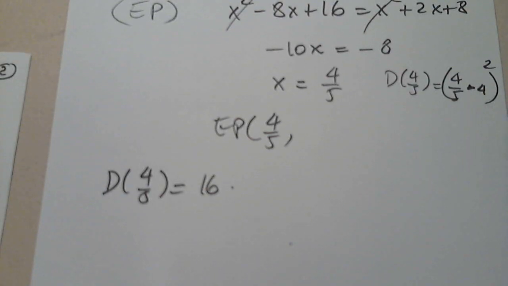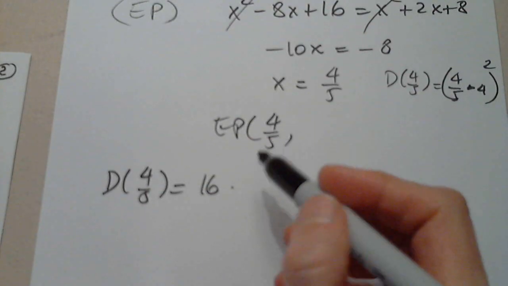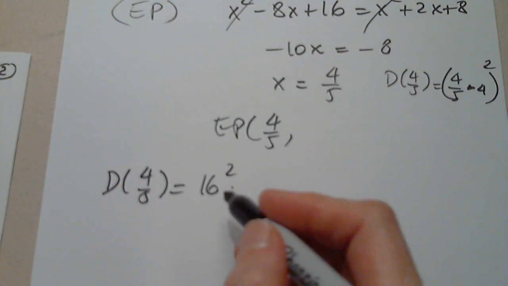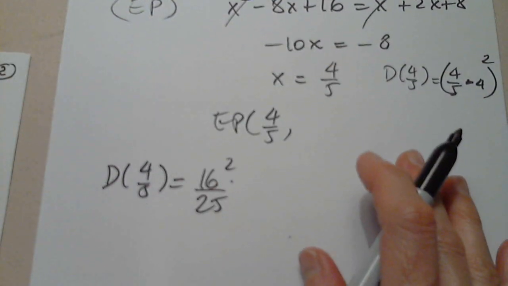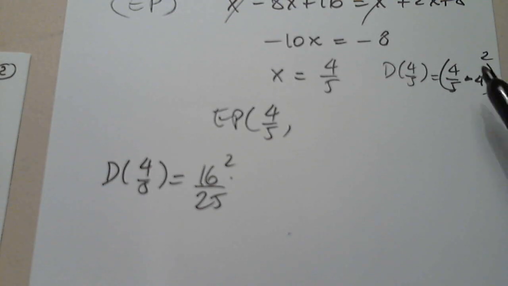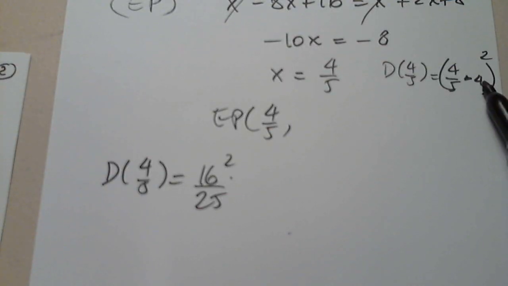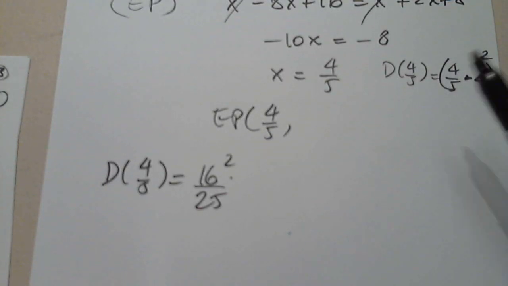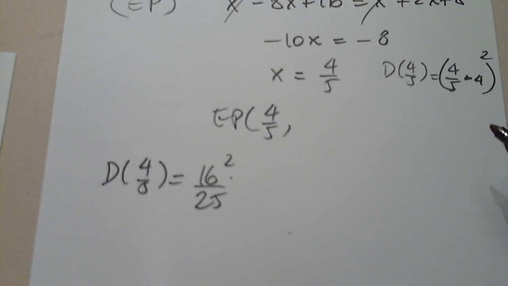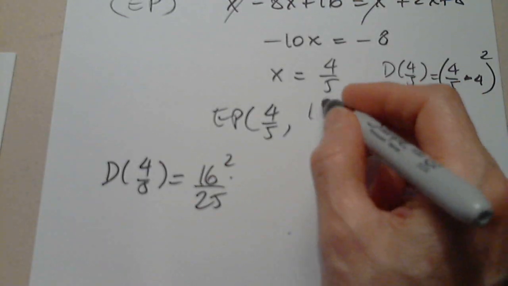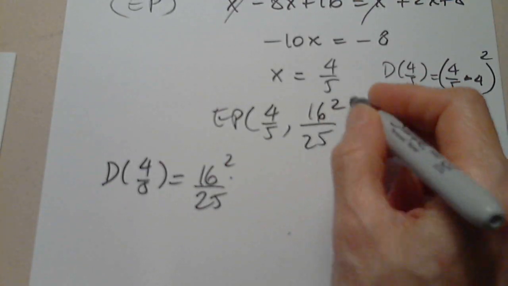Or 4 minus 20, so it's 16 squared divided by 25. So 4/5 minus 4. 20, so 16 squared, because it's positive anyway, it's squared. Okay, 16 squared over 25.